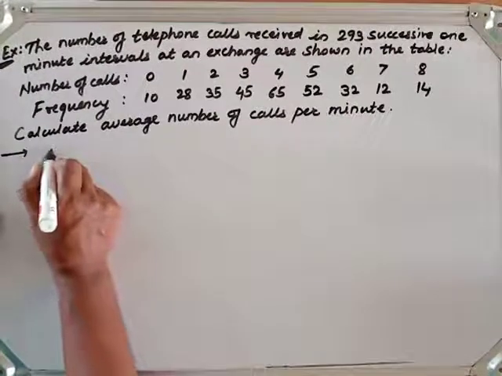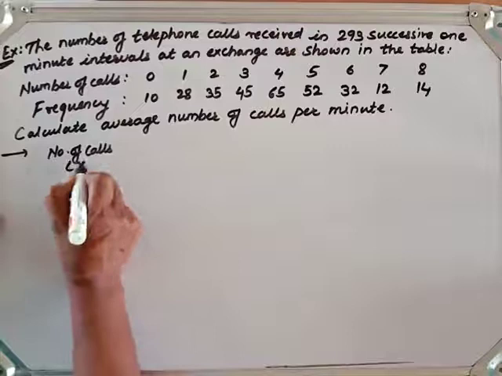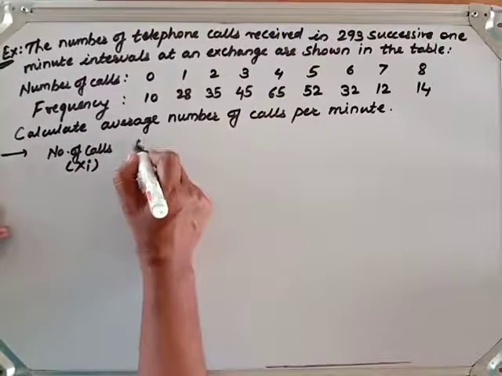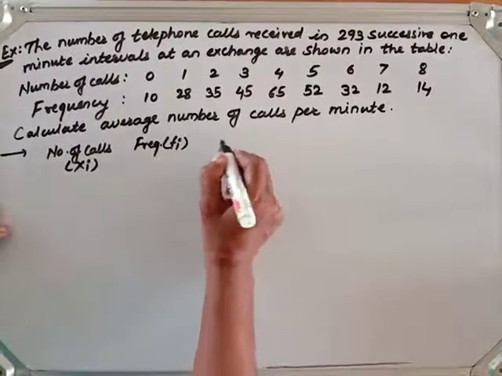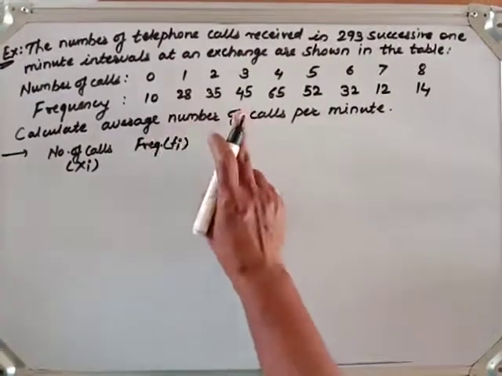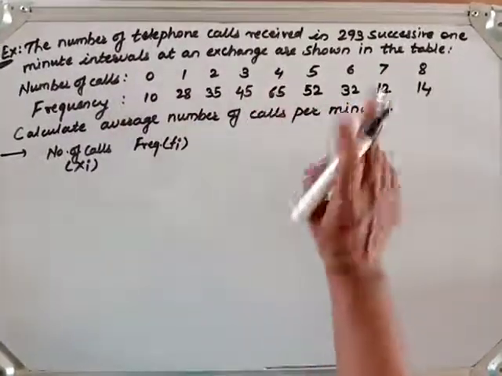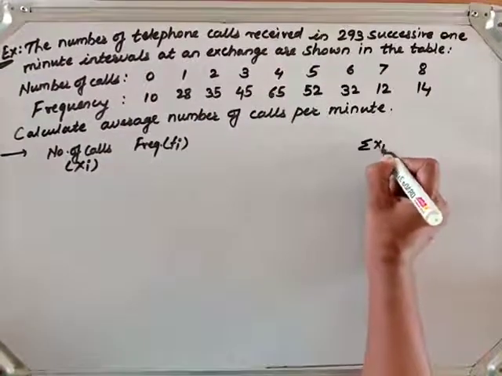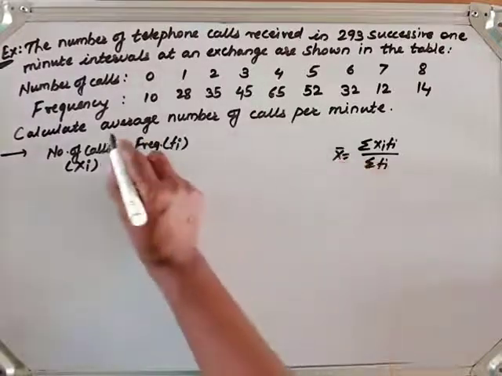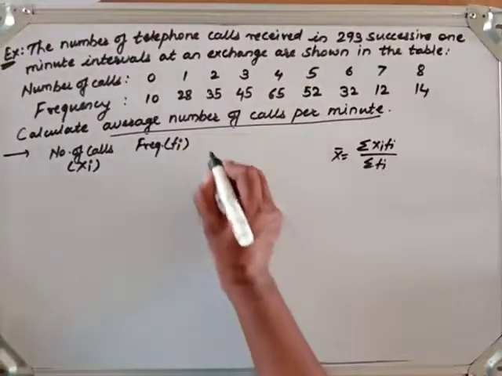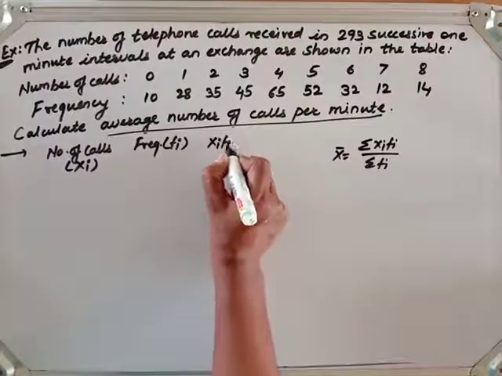So the solution: let us denote the number of calls by xi, and the frequency by fi. Here we have a discrete series, the observation and corresponding frequency, so we use the formula summation xi fi upon summation fi. X bar is the average number of calls per minute, that is the arithmetic mean. As we have to use this formula, we need to find xi into fi also.